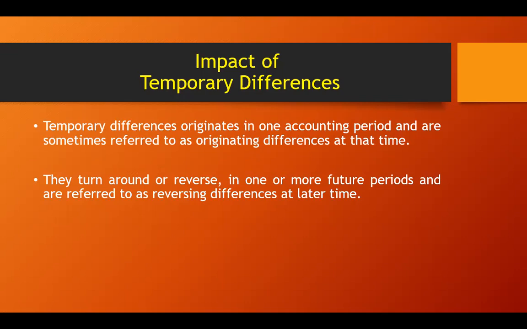They turn around or reverse in one or more future periods and are referred to as reversing differences. We have two types of differences. One is originating differences. The second one is reversing differences. Finally, the originating differences will set off with the reversing differences. Finally, we get no difference at all if you see holistically for the 10 years period of the asset life.